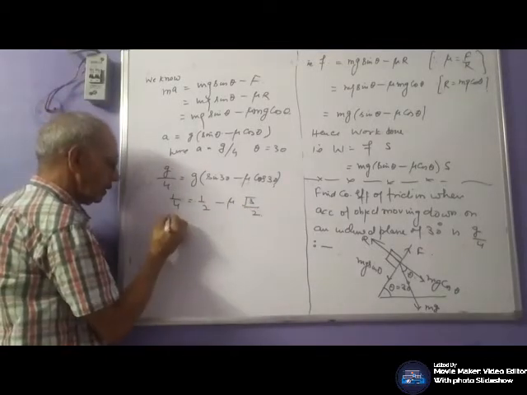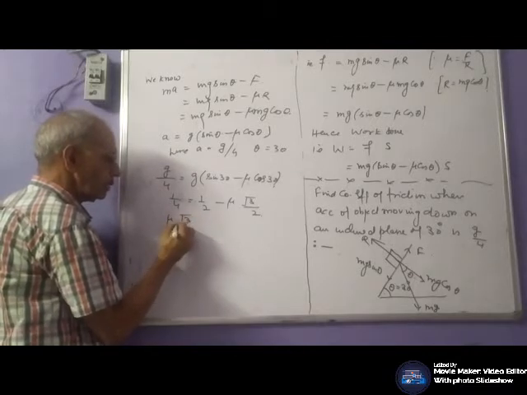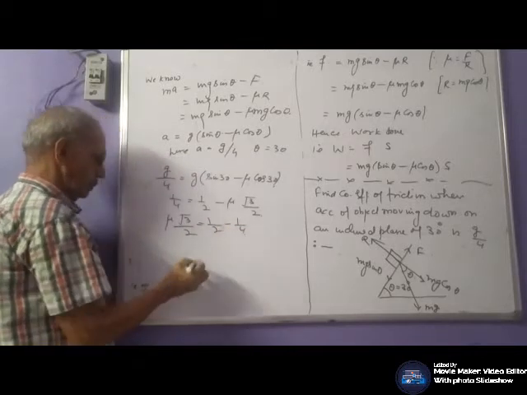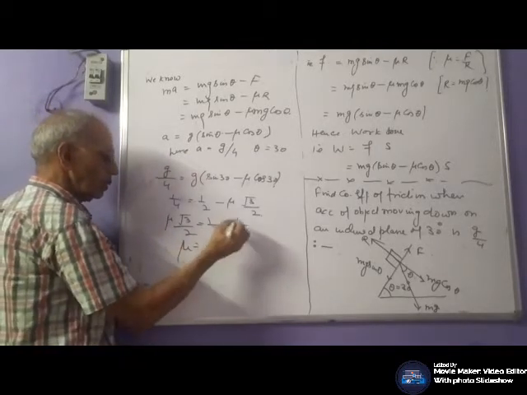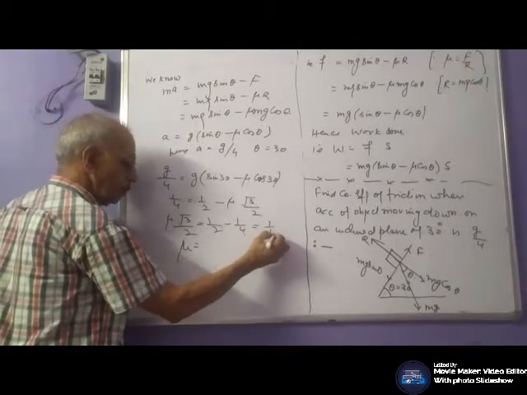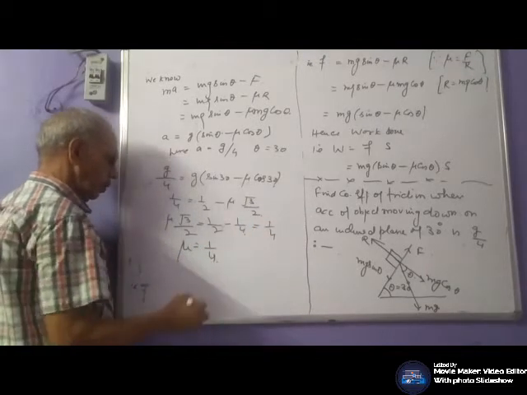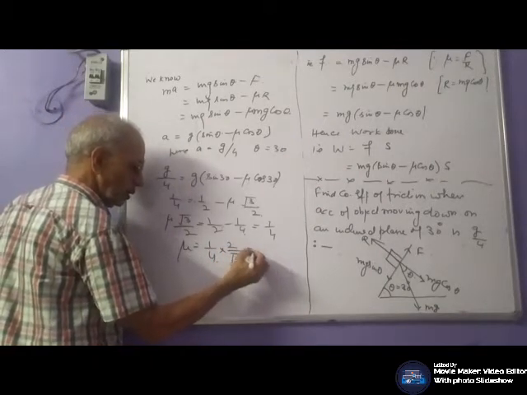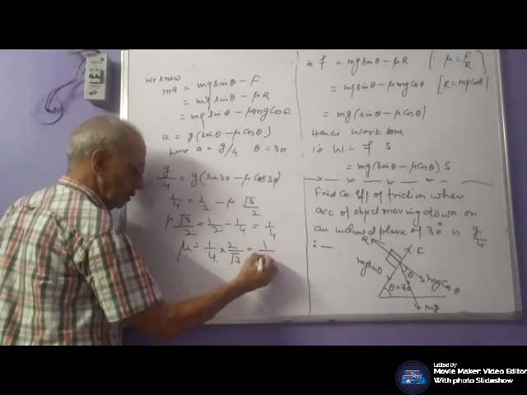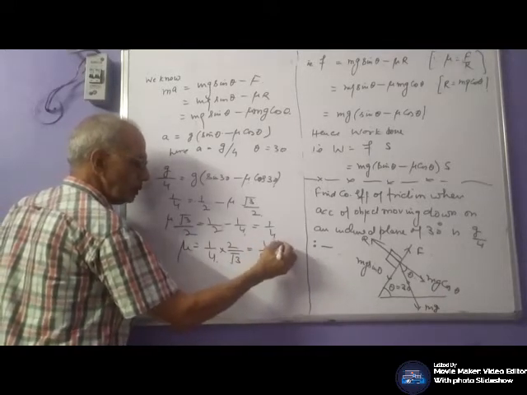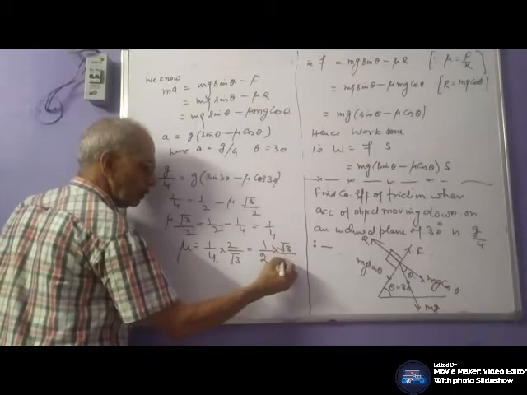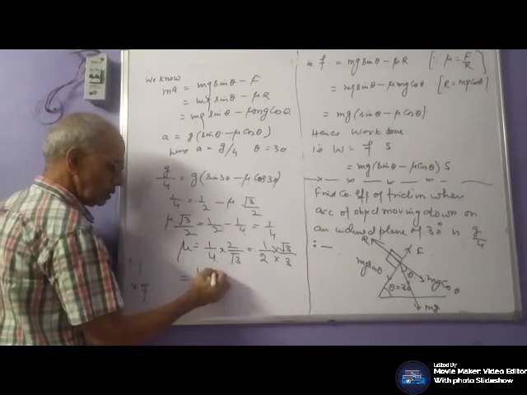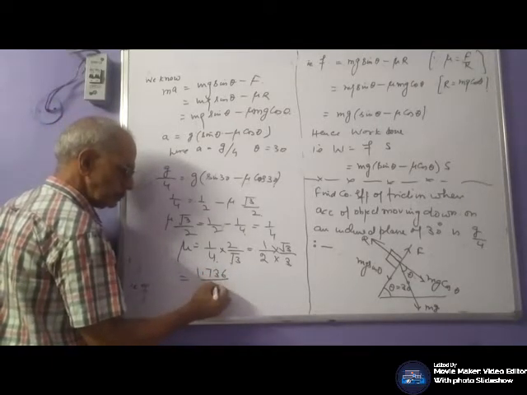Take mu this side. Mu root 3 by 2 is 1 by 2 minus 1 by 4. Or mu comes out to be 1 by 4 into 2 by root 3. It is 1 by 2 multiply by root 3 divide by root 3. So it is 1.732 by 6.